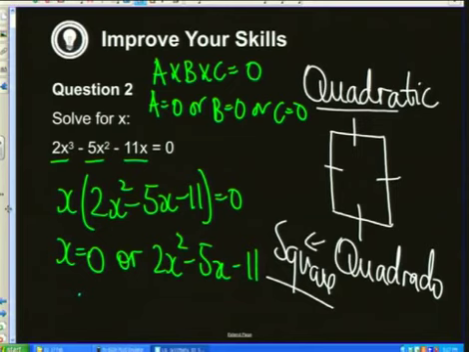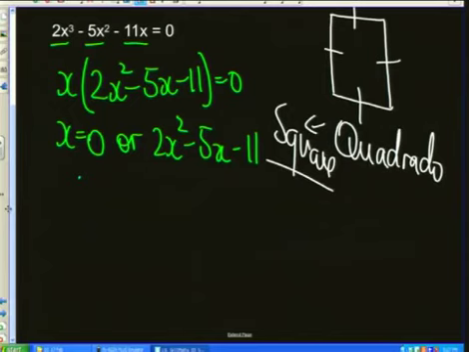So we've got a really interesting case here of whether this particular quadratic is factorizable. And some of you may say, well, yes, you think that 11 and 2 will factorize. Well, I'm beginning to doubt whether it does factorize.